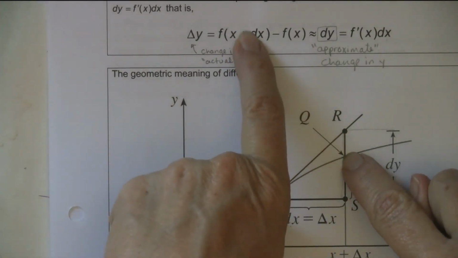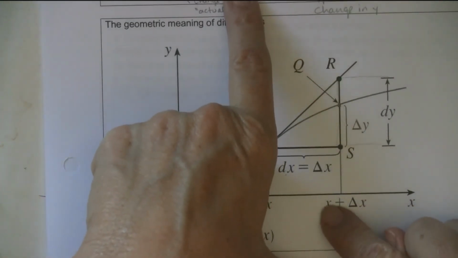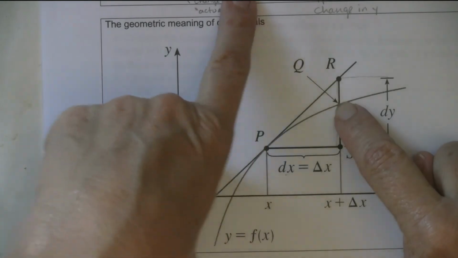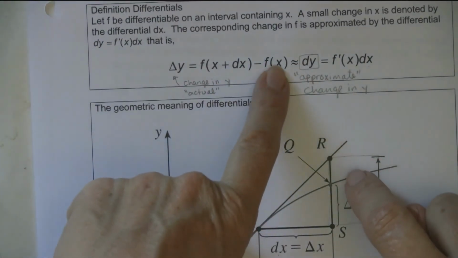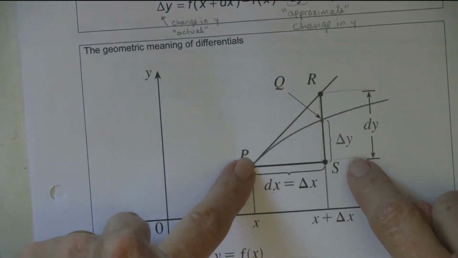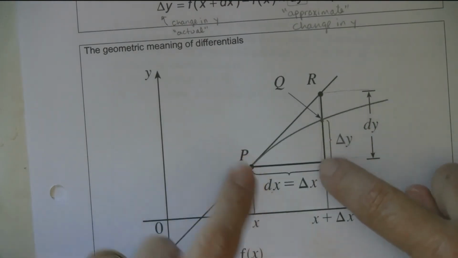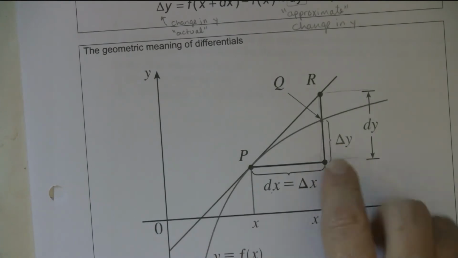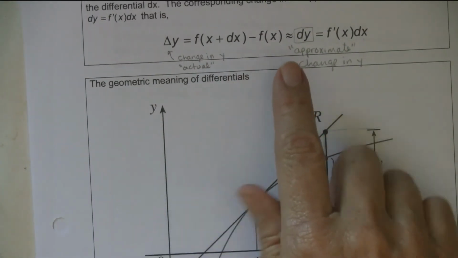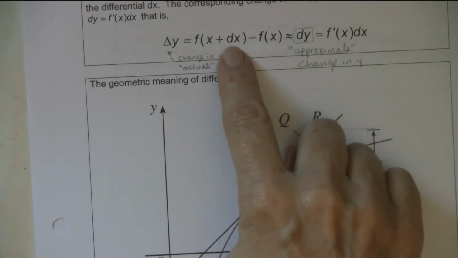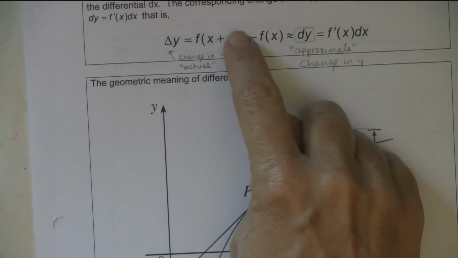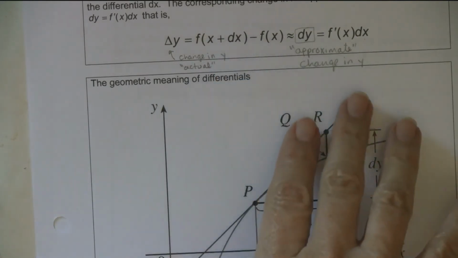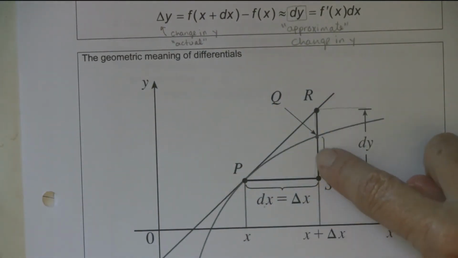It's that point right here, right? Because this is x plus delta x. So that point right there, and minus f at x. This was f at x, so that's why that's this height, right? And that's the exact value of delta y. I remember when we were talking about it that I saved that to talk about and then forgot to say, that right there is the exact value, the change in y, the actual value, which is this value right here.